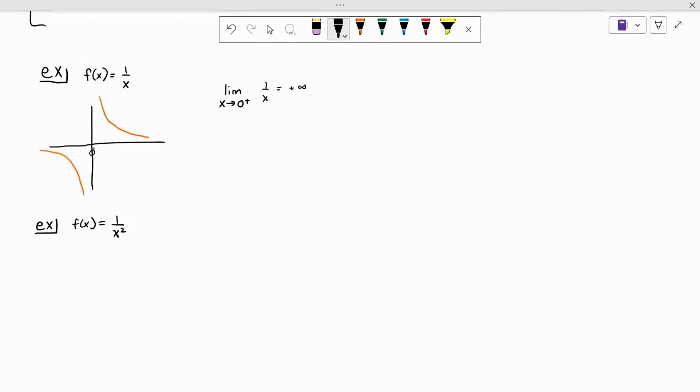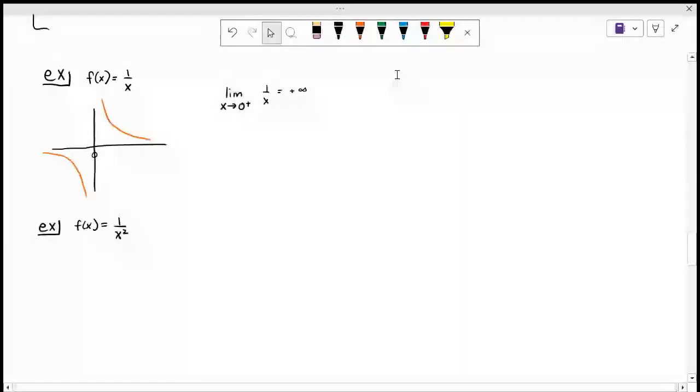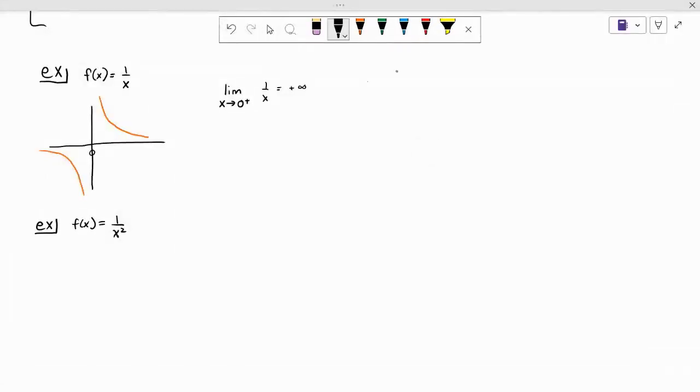It goes to positive infinity. And I hope you can see why. Anytime you have a non-zero number divided by something that goes to 0, your limit is going to be infinite.